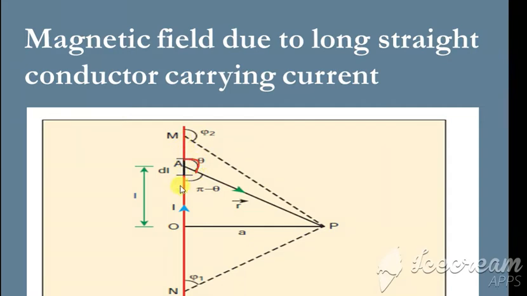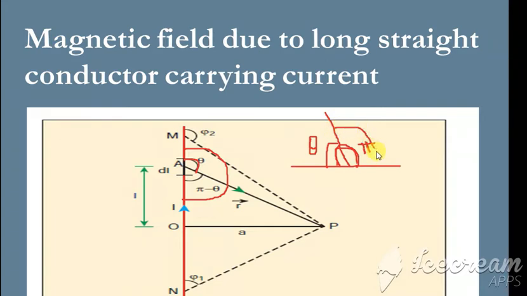So when you see here, this is a straight line. If you measure this angle on a straight line, that is equal to what? 180 degree. That 180 can also be written as pi. Suppose this value is written as theta, and we know that this full angle is pi.